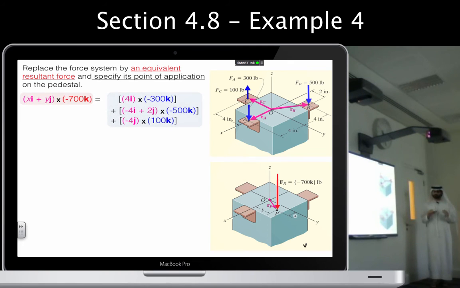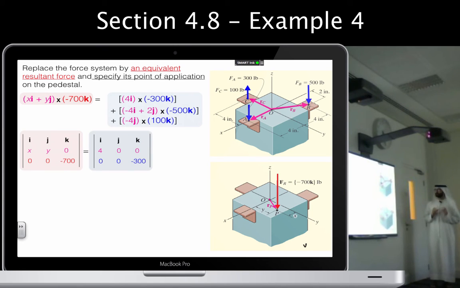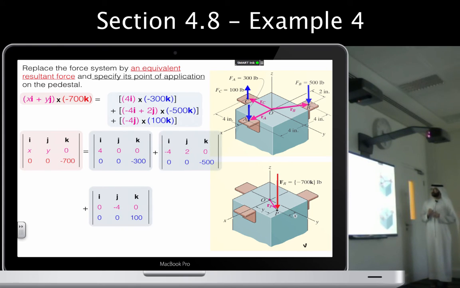Now, I guess you know what to do now. Yeah? So use cross product for each one of those: cross product for the moment created by Fr, cross product for Fa, a cross product for Fb, and another cross product for Fc.